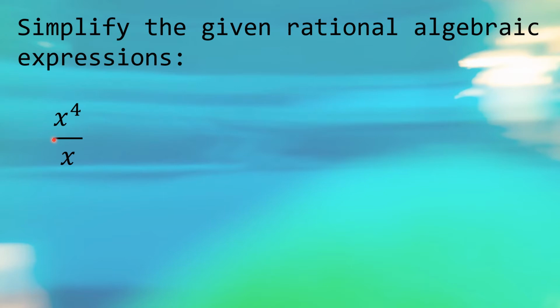So paano ba natin to i-expand? Since the exponent of x on the numerator is 4, isusulat lang natin yung letter x 4 times, and then yung denominator is only 1, so isusulat lang natin yung letter x ng isang beses. So, ganito yung kalalabasan niya: x times x times x times x over x.